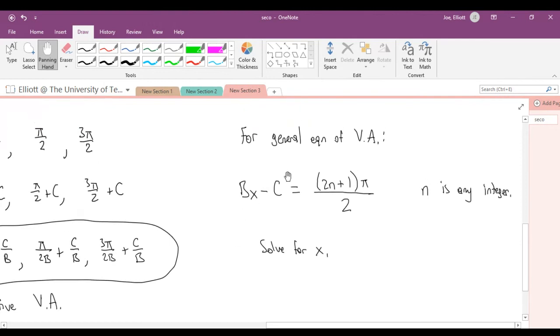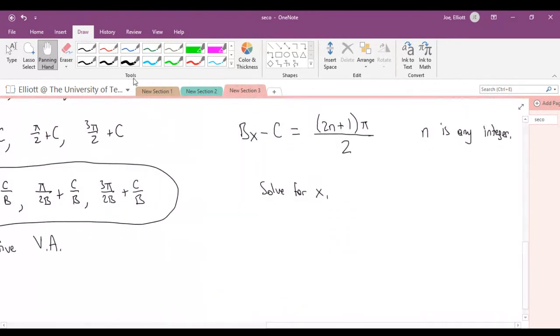But I guess the key, if you're looking for a general equation for the vertical asymptotes, is to take the inside of your function and set it equal to a general expression for where all the vertical asymptotes would be. So for secant and tangent, they have vertical asymptotes at the odd multiples of pi over 2. If you had cosecant or cotangent, then they have the vertical asymptotes at every multiple of pi, so it's a bit nicer.